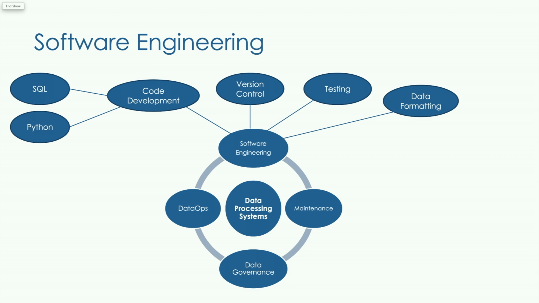Since it's software, you need to track all the changes and versions of your code using Git, so we have version control. Next, we have testing, to apply different testing like unit testing and integration testing. And lastly, you need to store your data, so you need to master the different types of data storage formats.